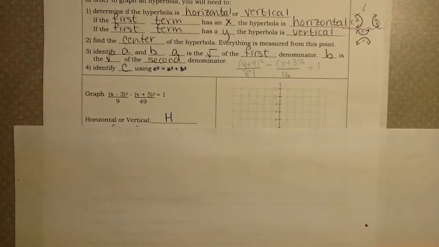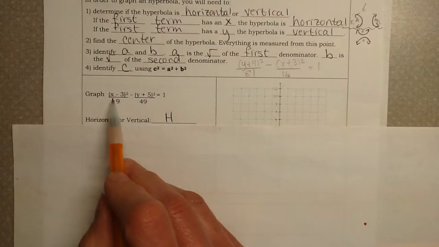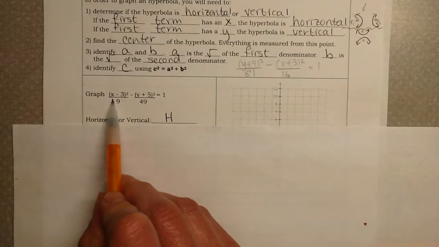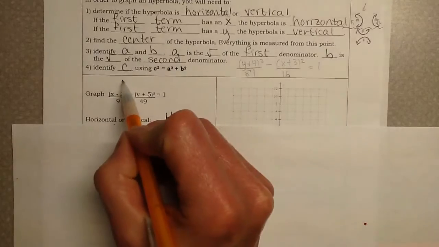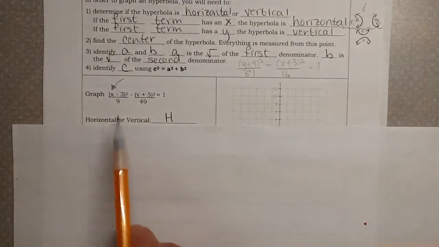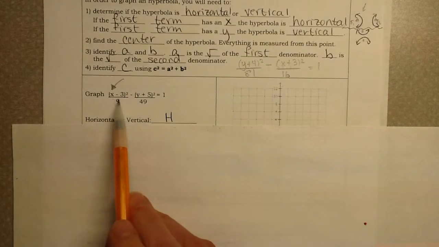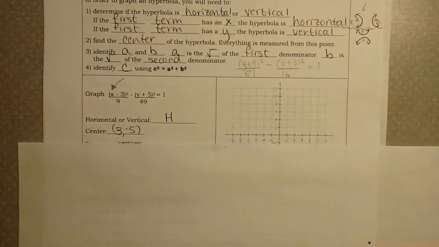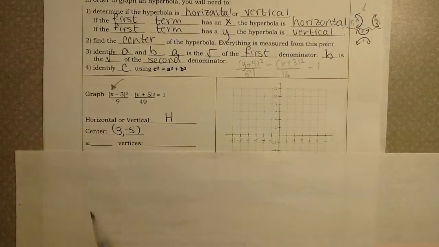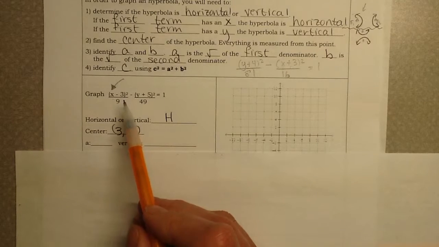Okay, so we have to decide if it's horizontal or vertical, and you decide that by looking at the numerator. If x is first, and this is just for the hyperbola, then it's going to be horizontal. So this one is horizontal. Our center is going to be at 3, -5, and A is going to be the square root of the first term.